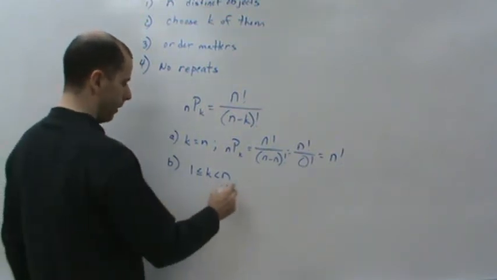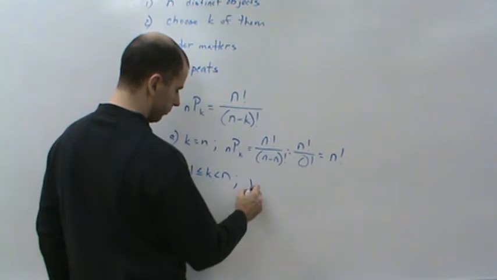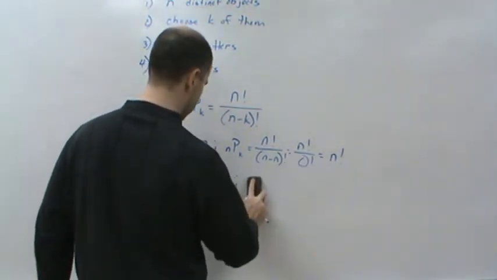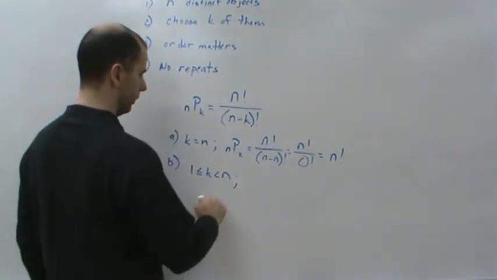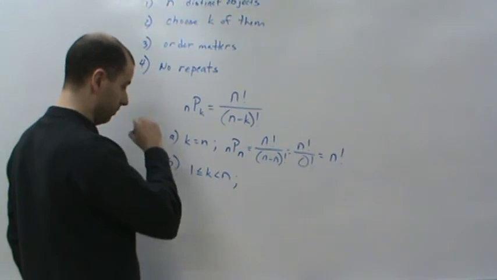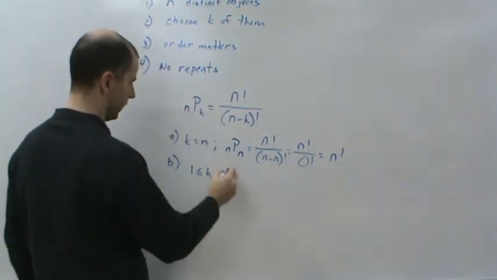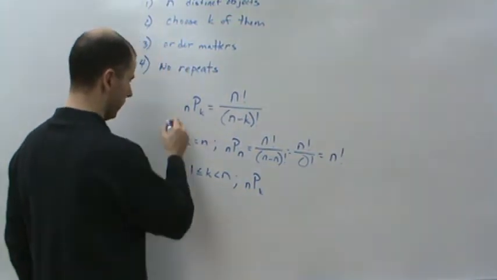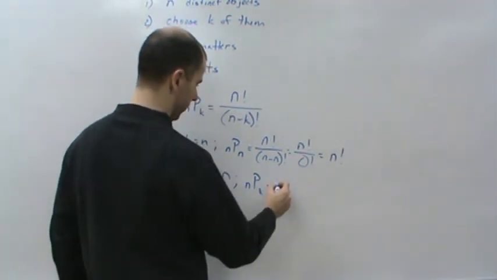Well, then it's just this formula. So it's just nPk. Again, it's just going to be the formula.